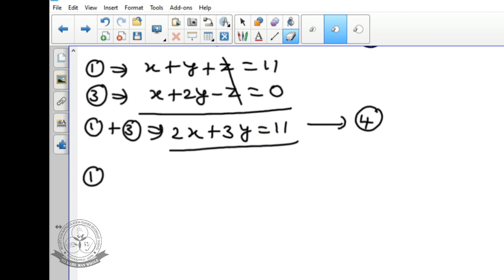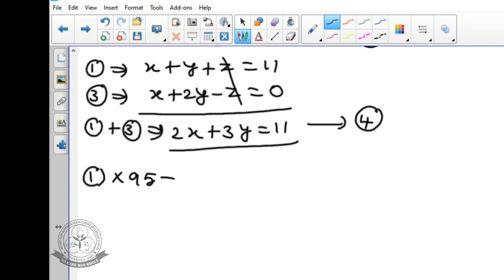Now I am going to eliminate z here, so I multiply equation 1 by 95. So equation 1 multiplied by 95 gives 95x plus 95y plus 95z.